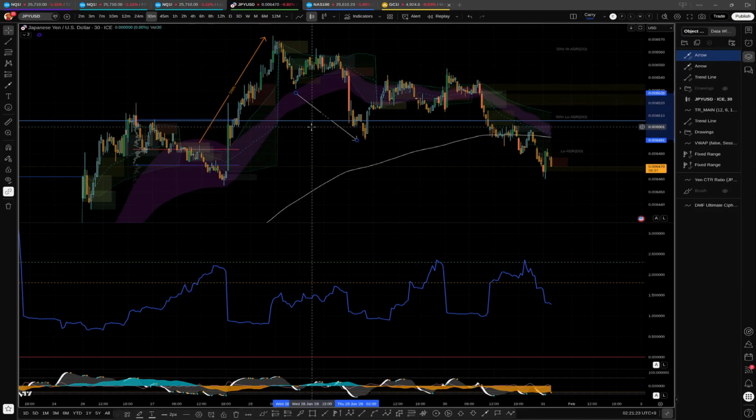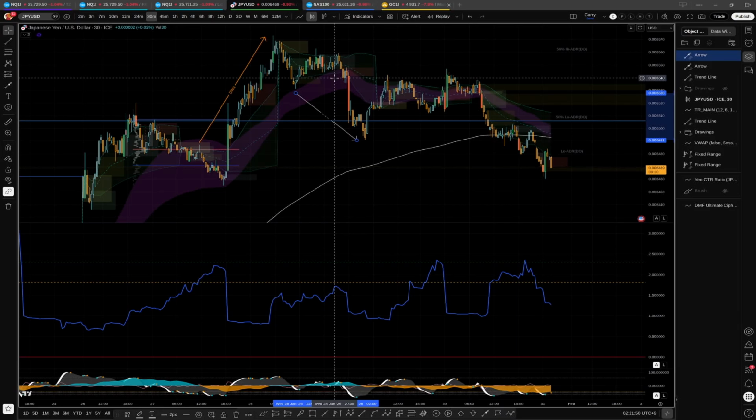So I'm just going to mark that as, okay, price is moving down, as in yen is moving down, and this indicator is moving down. A lot of the times, the NQ will just do whatever it's doing within confines, search for some liquidity that's easy to grab, or range.